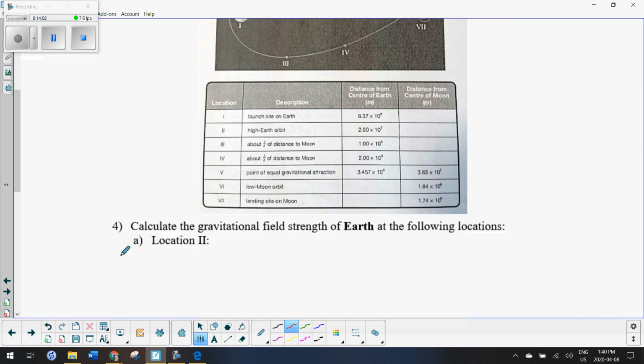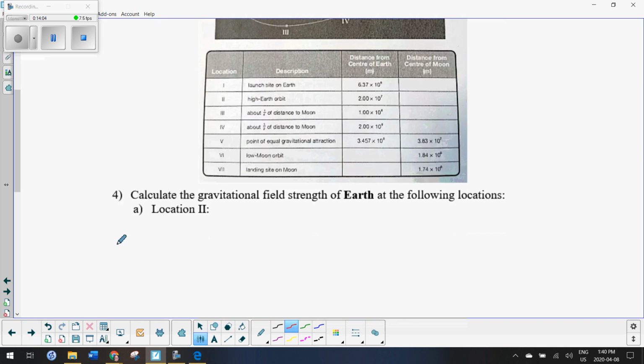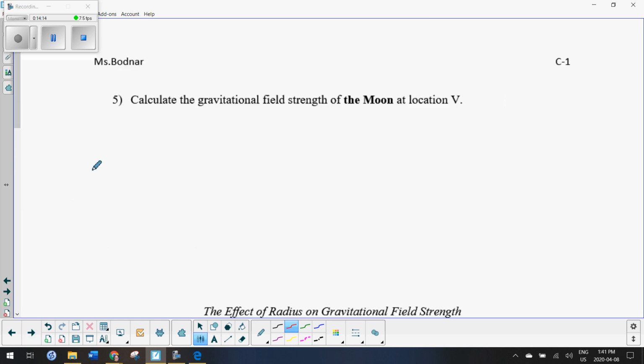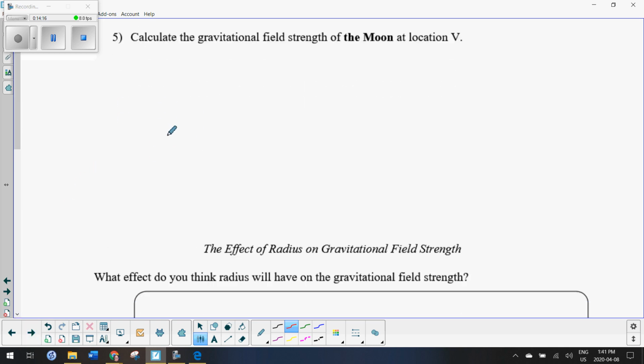You can do more examples if you so wish with this one, but I am going to skip those. Okay, good luck. If you have questions, please send me a message on Remind.